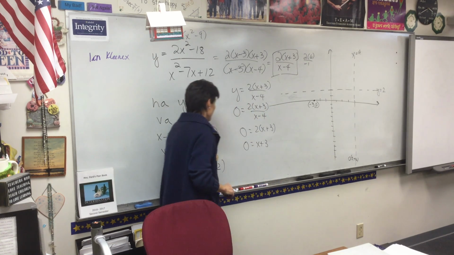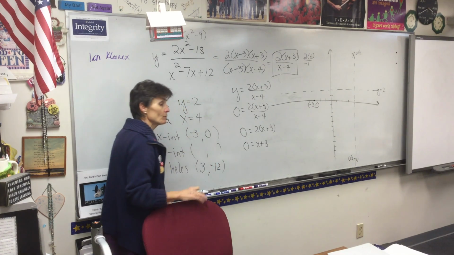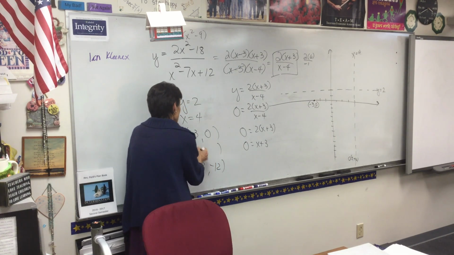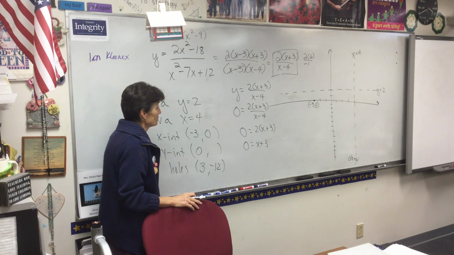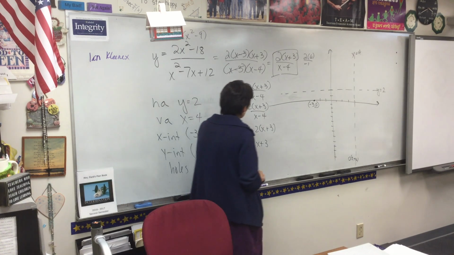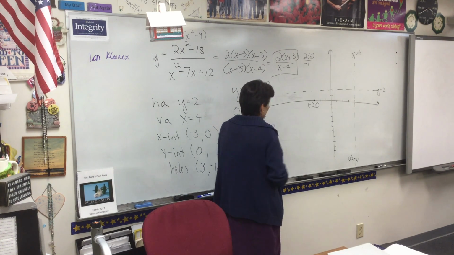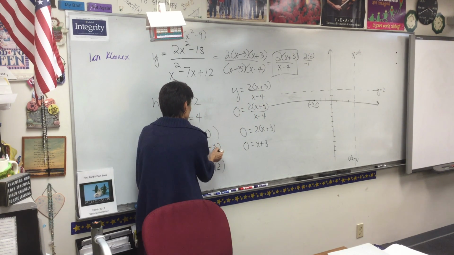One more thing, I need the y-intercept. Now, I know that my y-intercept has an x that's 0. So if I put 0 in, what am I gonna get? 6 over negative 4, negative 3/2.